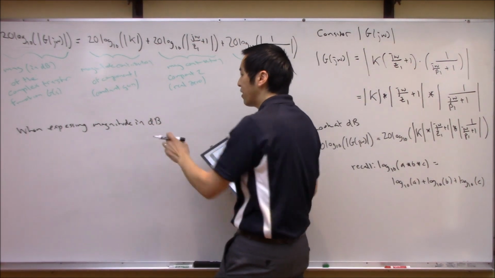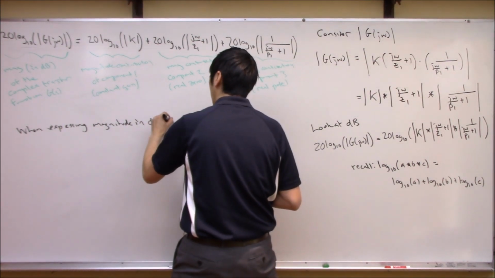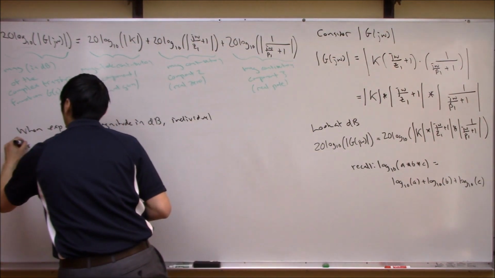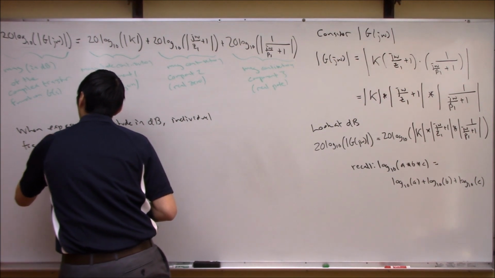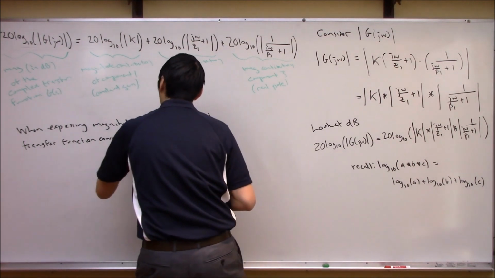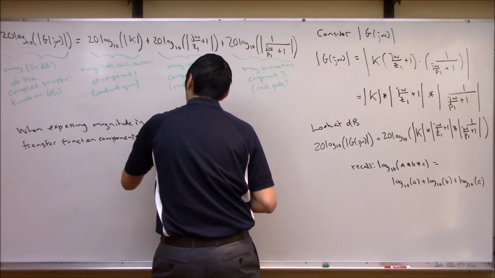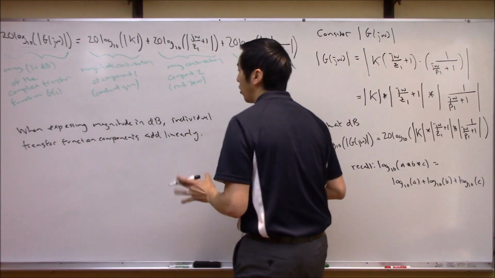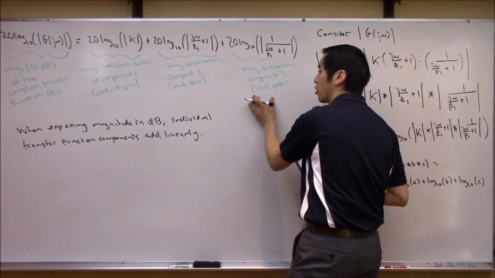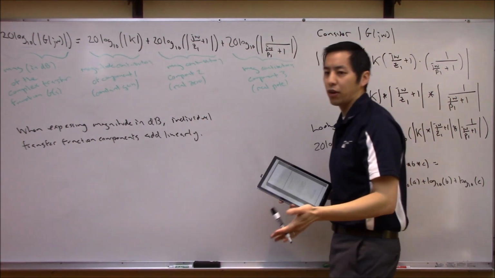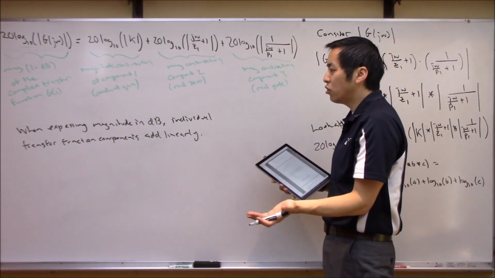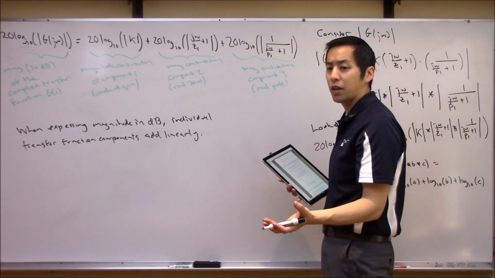So when you express it in decibels, the individual transfer function components add linearly. So literally, all you need to do is figure out the contribution from the first component, the second component, the third component, and then just add them together. We're going to go through an example of that in a second, okay? So the magnitude is really, really simple for a complicated transfer function.